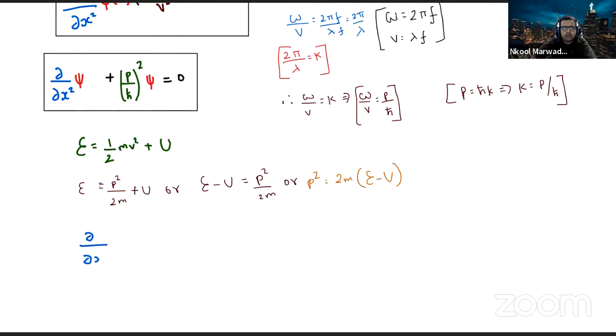Instead of p square, I can write 2m times E minus u, where u is the potential energy and E is the total energy, upon h cross square, times psi.